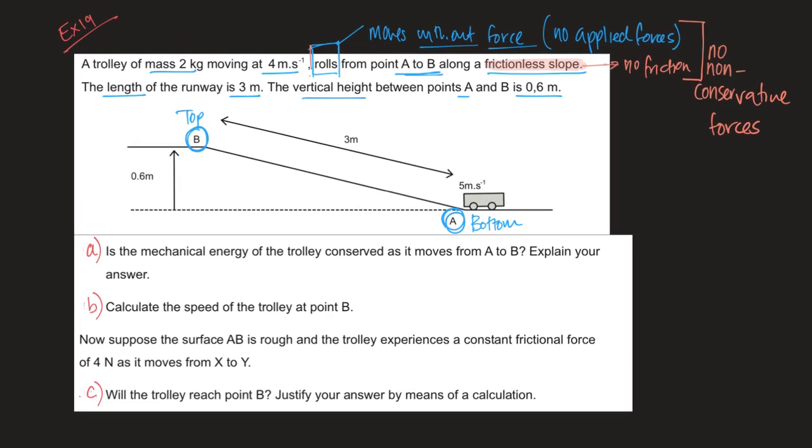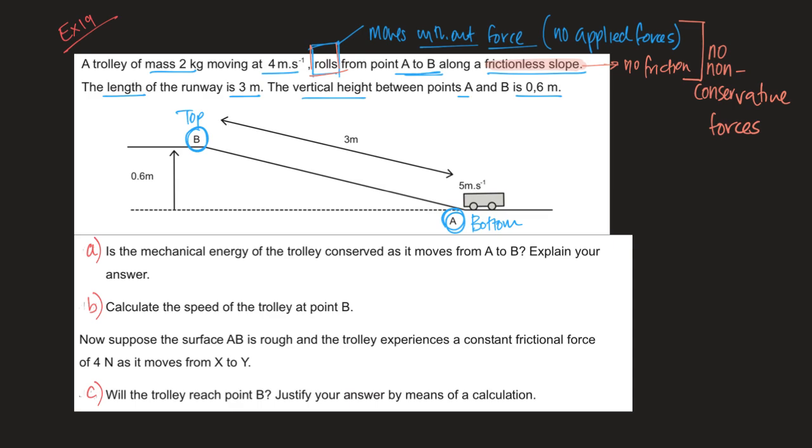The word rolls is going to be a problem for you because you're going to wonder, how does it move without force? But remember, these are hypothetical situations. This is science, where it's not like a real situation. If something had to roll uphill, we would have to apply some force, but we're not considering that for this question.